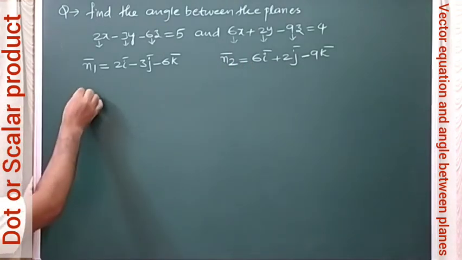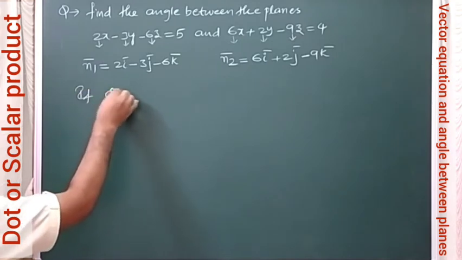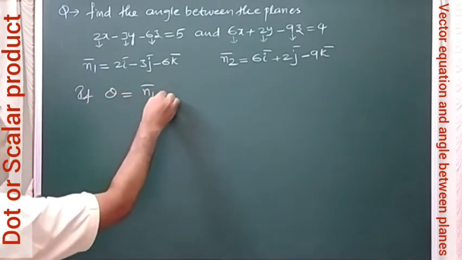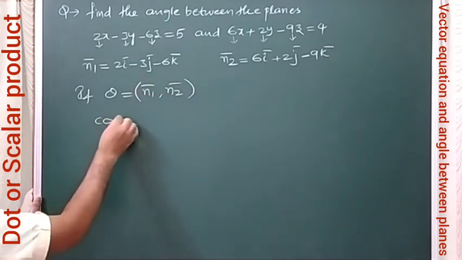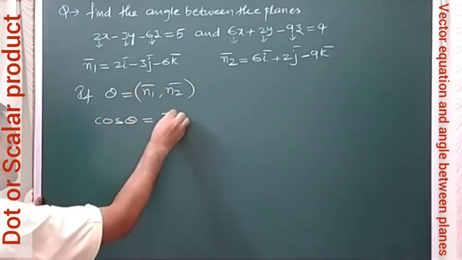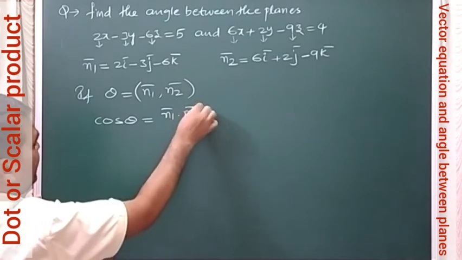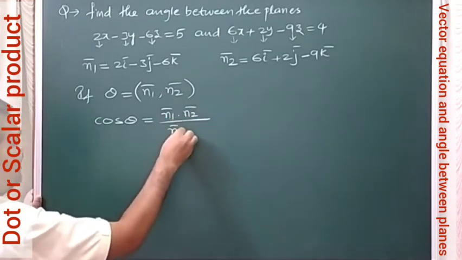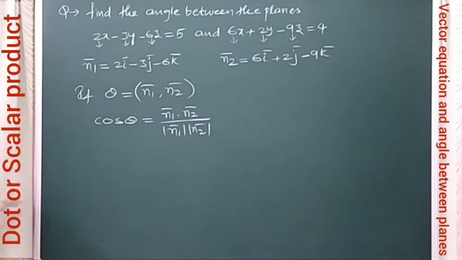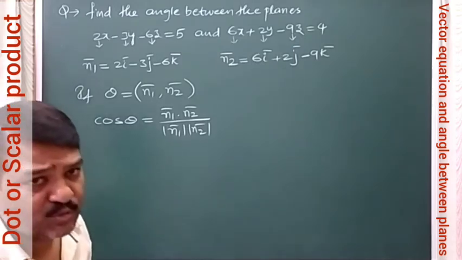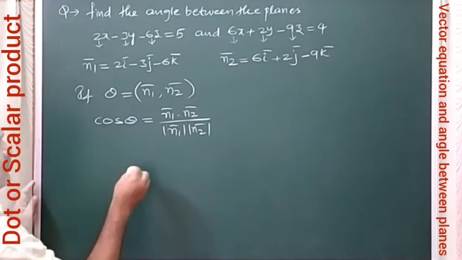Okay. So for example, if theta is angle between the normals, then cos theta is n1 dot n2 by mod n1 mod n2. So if you want acute angle, you have to take modulus. That is, if at all you are getting a negative output, that is the thing you have to do.